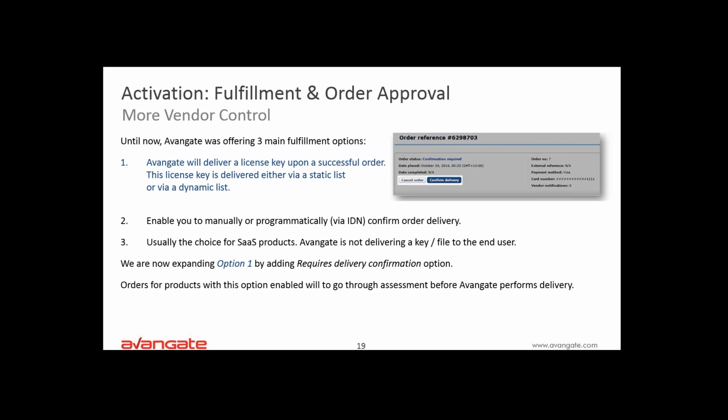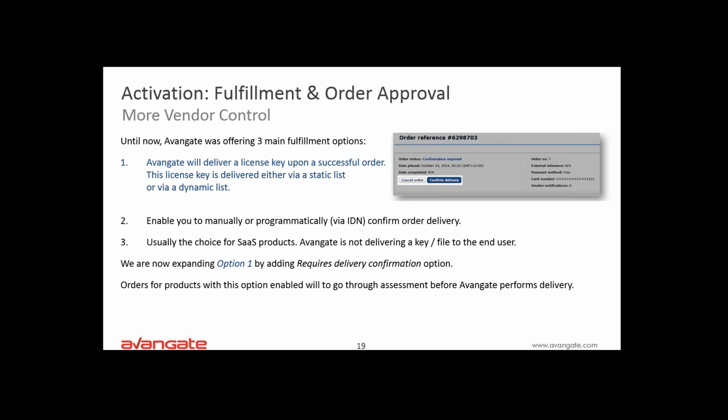Another option that we've introduced, and I just want to mention now that Avangate offers you extensive anti-fraud capabilities, and we have an entire risk department and proprietary technology that is curbing fraud for all of our partners.